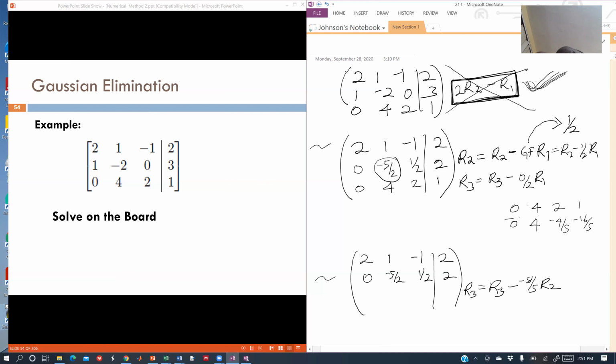And so we subtract. When you subtract, you're going to have 0, 0, this will give us positive 14 on 5, and this will give us positive 21 on 5. So in effect, what we're going to put here is 0, 0, 14 on 5, and 21 on 5.